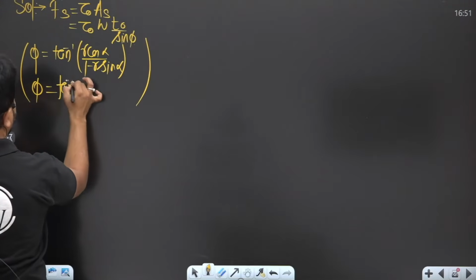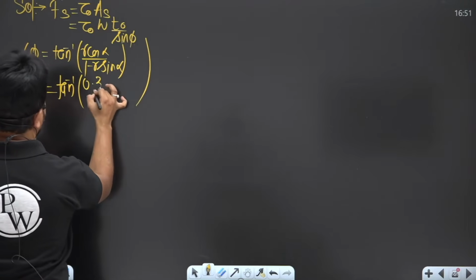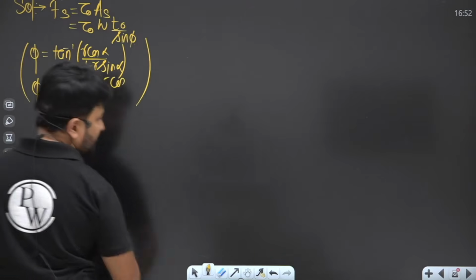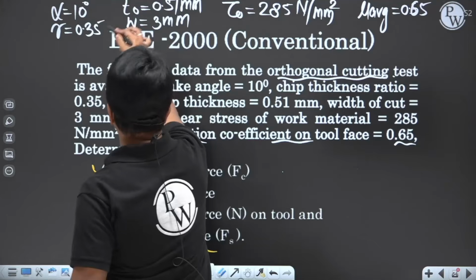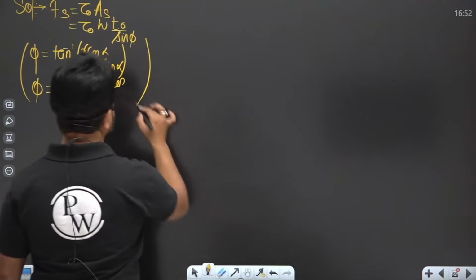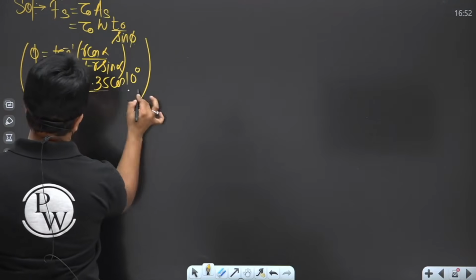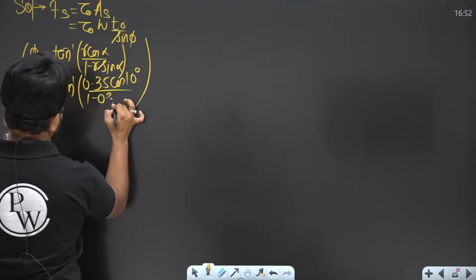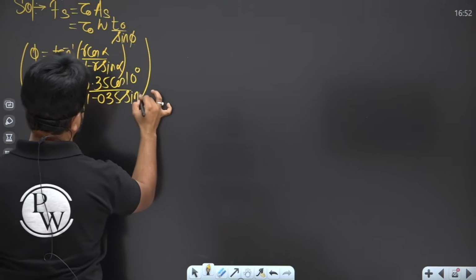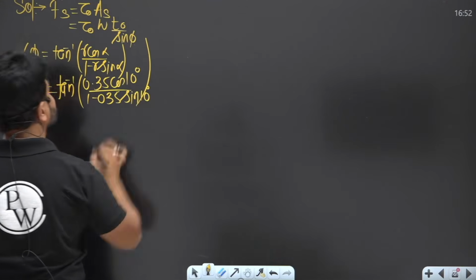So phi equals tan inverse of 0.35 cos of alpha, where alpha is 10 degrees, divided by 1 minus 0.35 sine of 10 degrees, right?